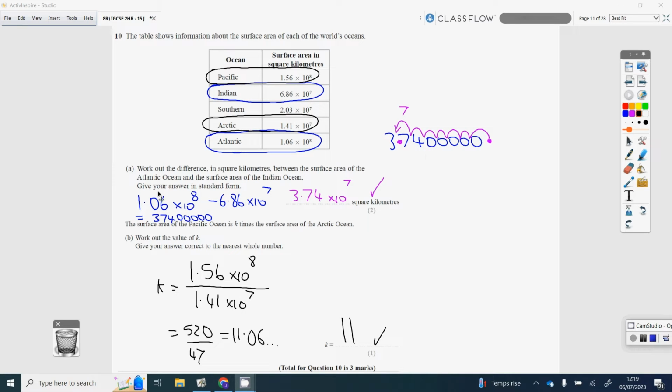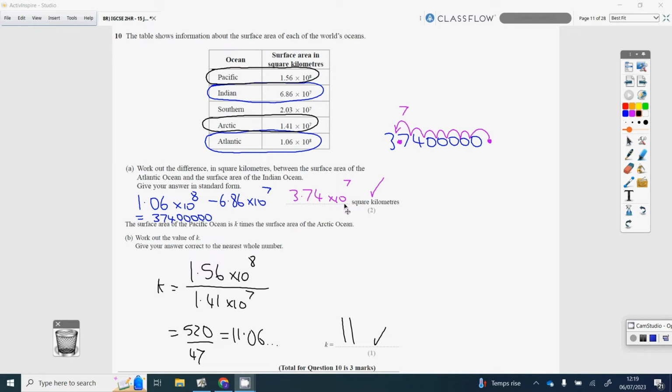Now the question requires me to give my answer in standard form. So remember how this works. Step 1, your opening number's got to be between 1 and 10. So where would the decimal point go to make the first number between 1 and 10? Well, between the 3 and the 7, giving us 3.74. Right, step 2, write down times 10 to the power of something, so times 10.